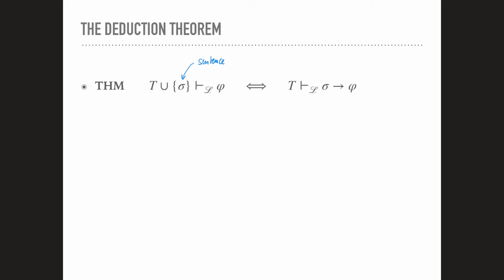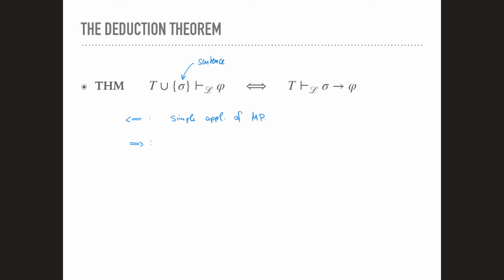Regarding the proof of the deduction theorem, note that one direction is not very hard. This is pretty much a single application of the modus ponens. The harder direction is the one that we needed in the previous theorem, namely to go from here to here.